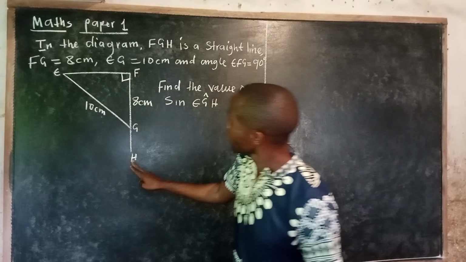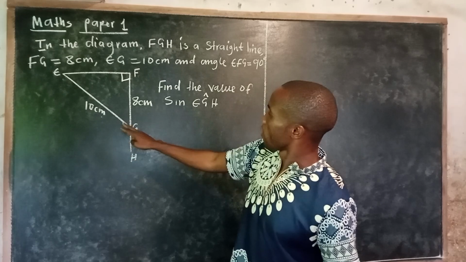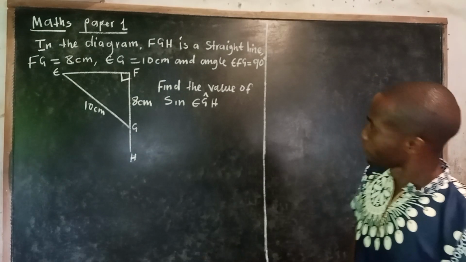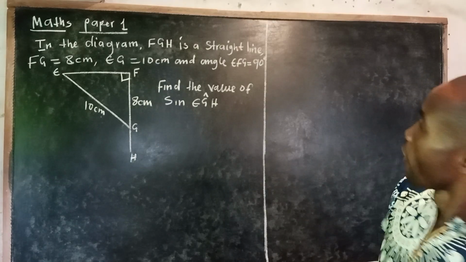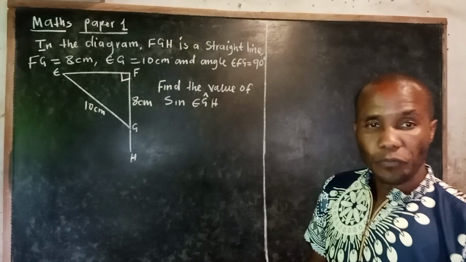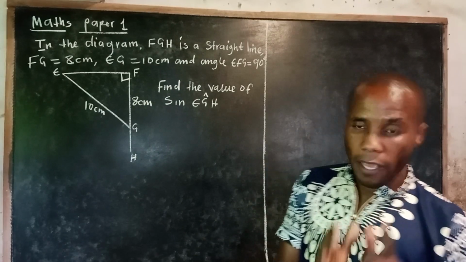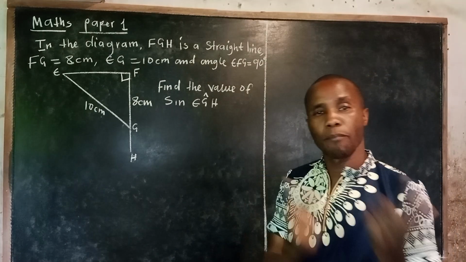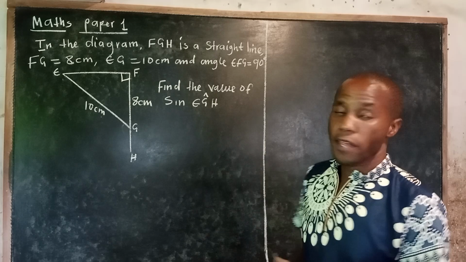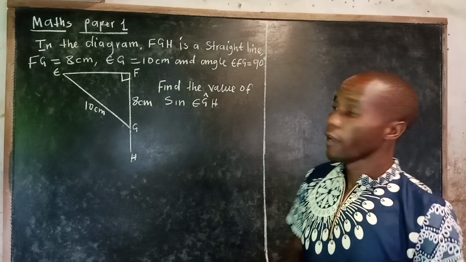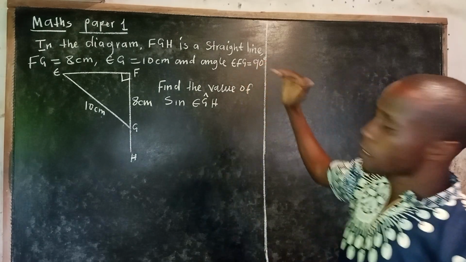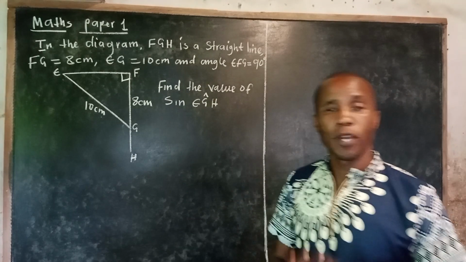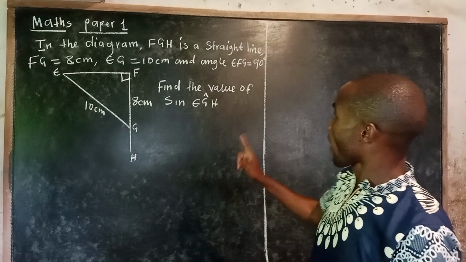EGH. That is the value of this sine which they are looking for. First of all, remember I always emphasize this: whenever you are given a question, be it in paper 2 or paper 1, the first thing you should make sure of is to identify the topic from which the question is coming.